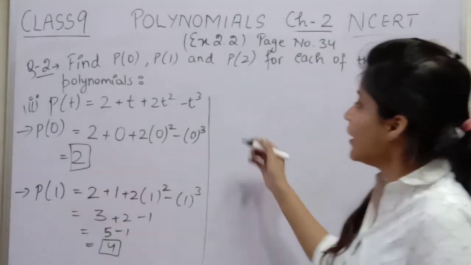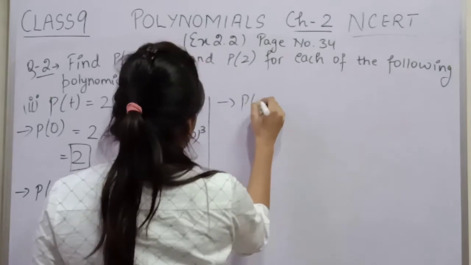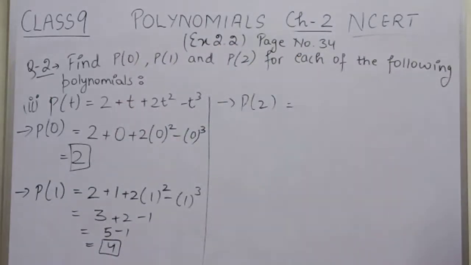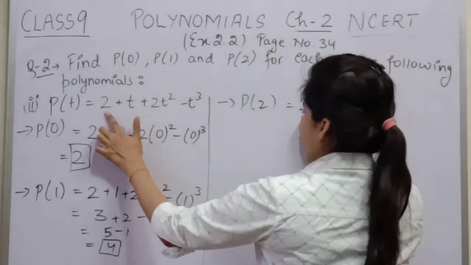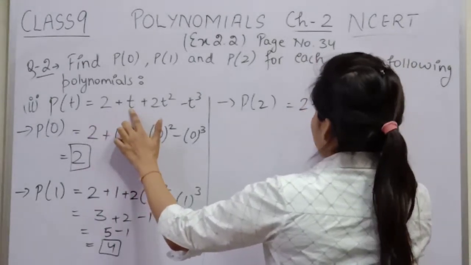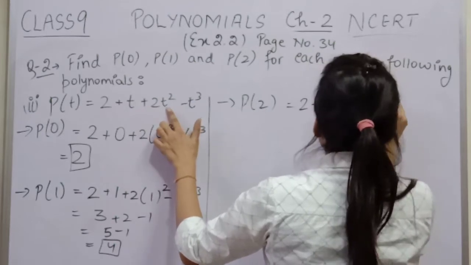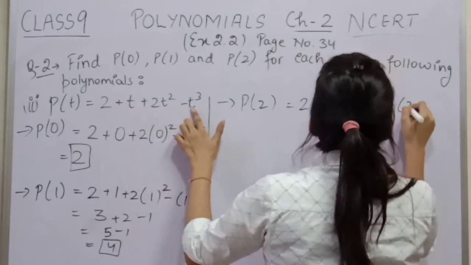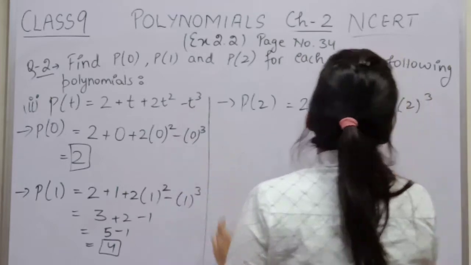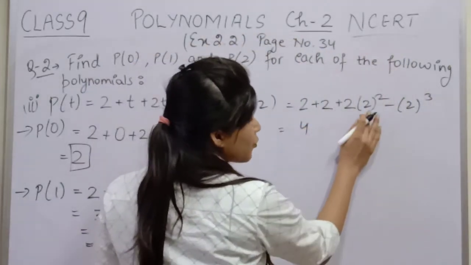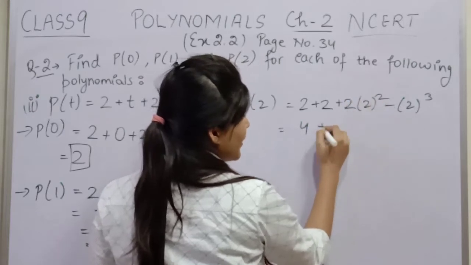Now let's check P2, let's see what comes for P2. So for that again 2 as it is, at the place of t 2, plus 2 as it is, at the place of t 2 square minus 2 cube. Now we have to solve this. 2 plus 2 is 4. 2 twos are 4 and 4 twos are 8.